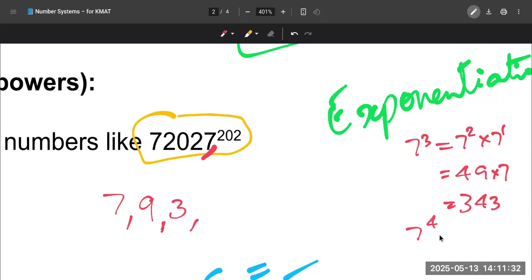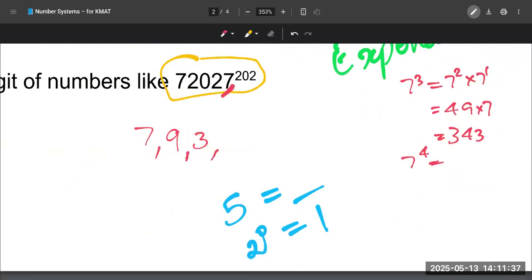And 7 raised to 4, you don't really have to calculate because we are only worried about the last digit. The last digit is 3, so 3 multiplied by 7 will become something like 21, and 2 is something you add on to the tens place. So you don't have to worry about that. 1 is the unit place. Then for 7 raised to 5, the unit digit would be 7.